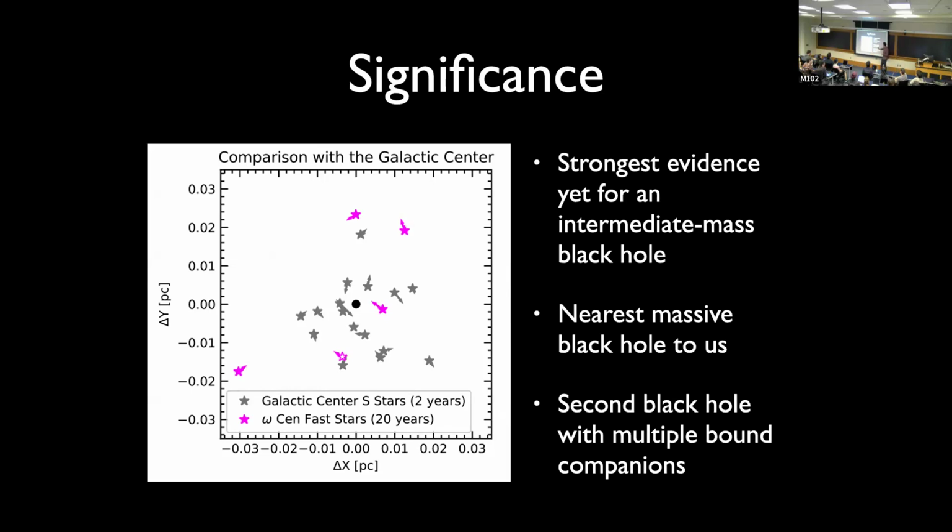So you can see here, the gray stars are a snapshot of the stars at the center of our Milky Way. And you'll notice this is the same physical scale, in parsecs. So these stars are on the same physical scale as those stars at the center of our Milky Way. The difference is I've drawn vectors on here. Those vectors are different by a factor of 10 in the length that they're showing.